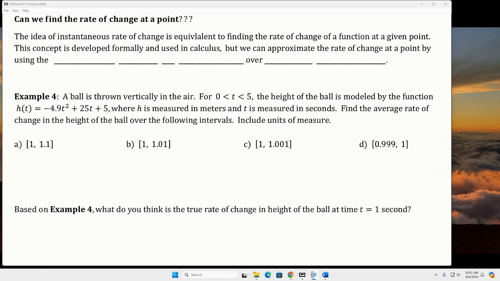But we will be able to approximate the rate of change at a point. So we can approximate the rate of change at a point by using the average rate of change over small intervals.